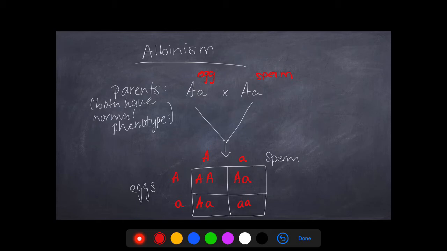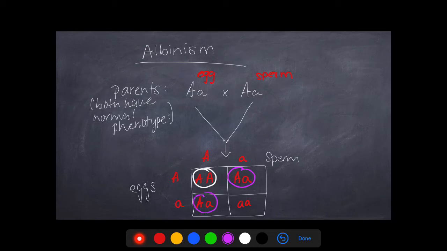So from the cross, we can distinguish which of these are definitely not going to be a carrier or have the trait at all, or which one is going to be affected. So you can see that for big A, big A, they are not going to be a carrier and they're not going to have the disorder at all.